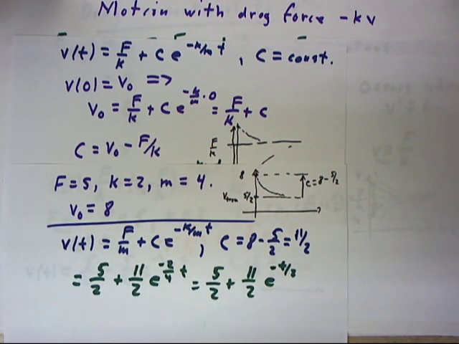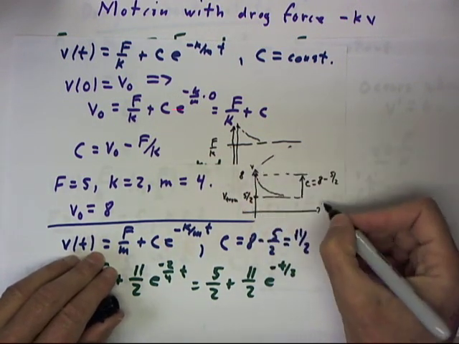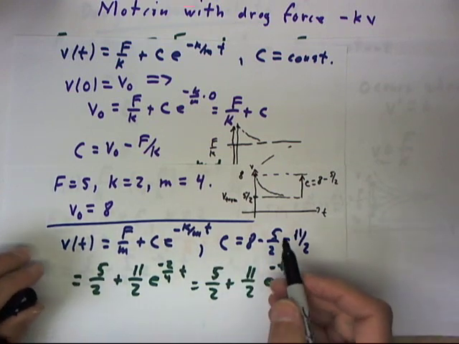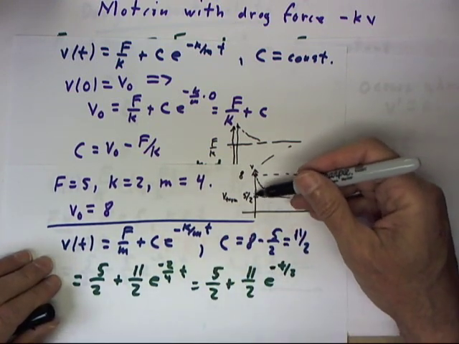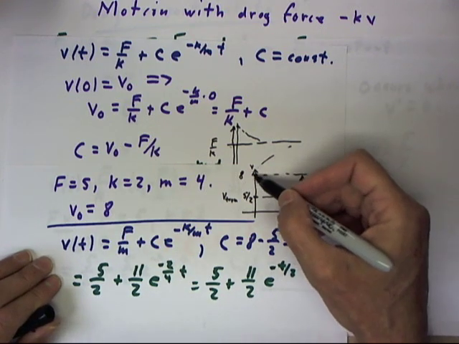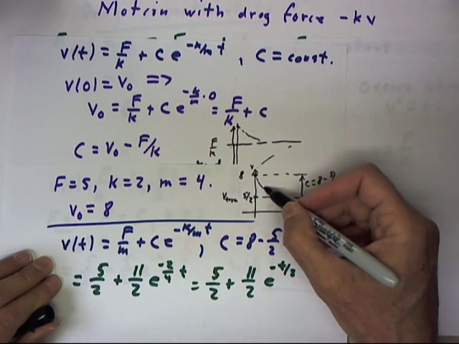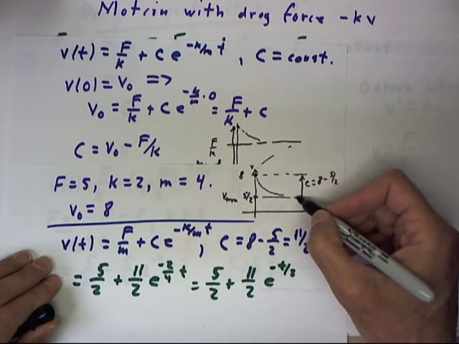Now the graph of V versus T, and let's call this V and let's call this T. We're going to again have terminal velocity 5 halves, but now we're starting at a velocity that's greater than 5 halves, so we're going to expect the velocity to decrease toward 5 halves.